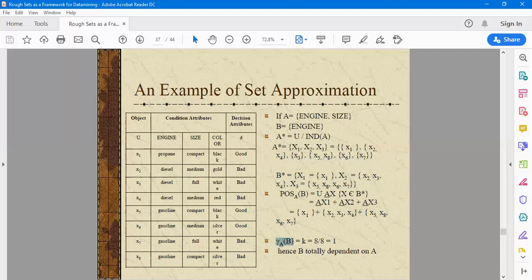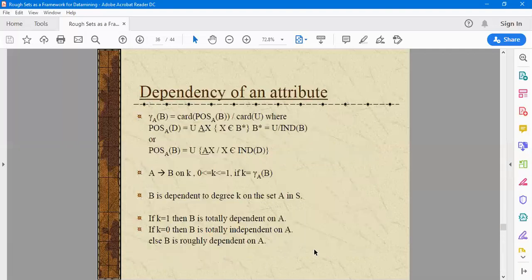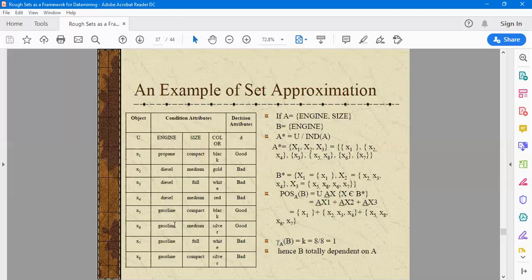Now how to calculate the dependency? We'll go back. The formula is cardinality of positive region divided by the cardinality of the total number of objects. If you see here, what is the number of objects in the positive region? 1, 2, 3, 4, 5, 6, 7, 8.